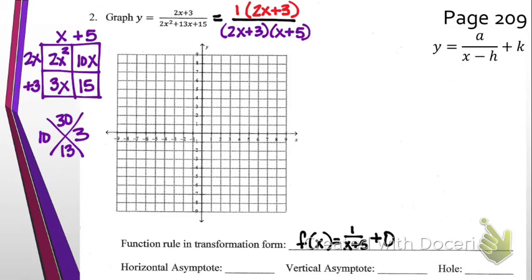So where's your vertical asymptote at? X equals what? X equals -5. And then what about your horizontal one? Where is that at?